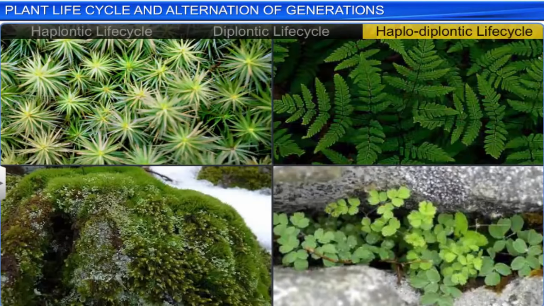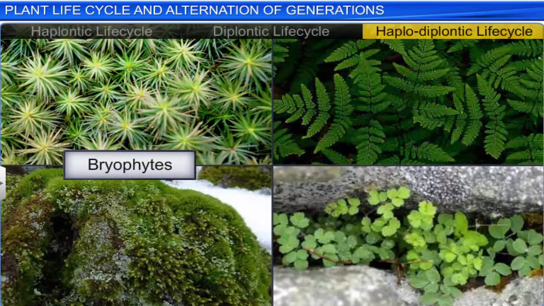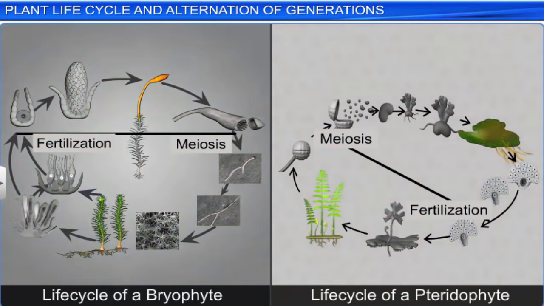In the haplodiplontic life cycle, observed in Bryophytes and Pteridophytes, both sporophytic and gametophytic generations are multicellular and free-living. However, the dominant phases are different in the life cycle of Bryophytes and Pteridophytes.